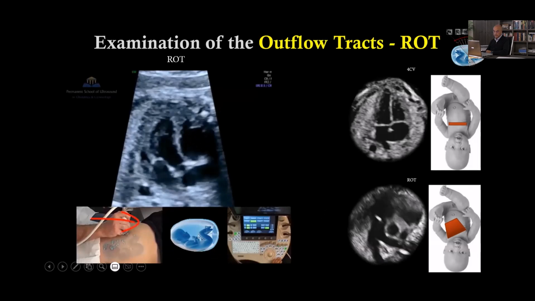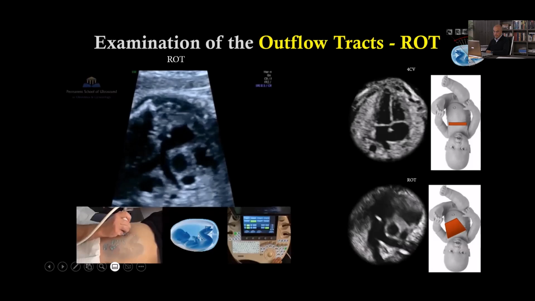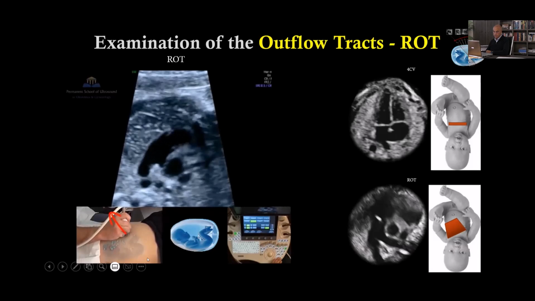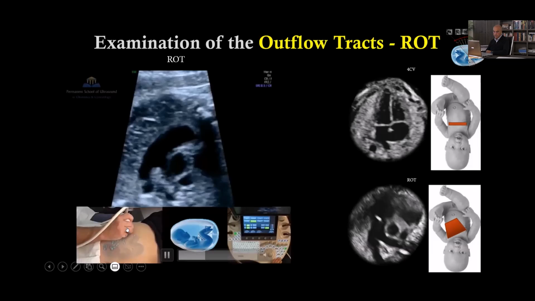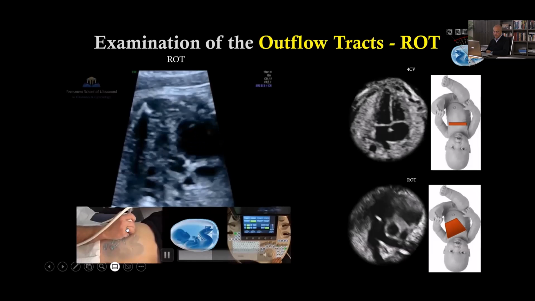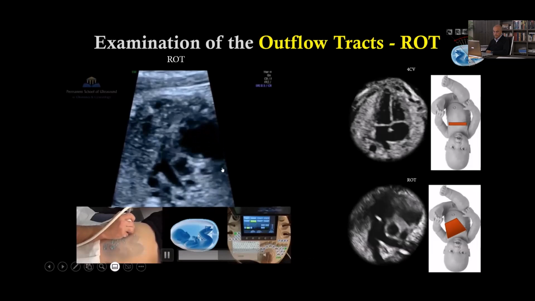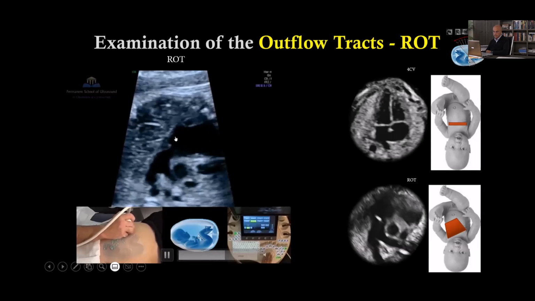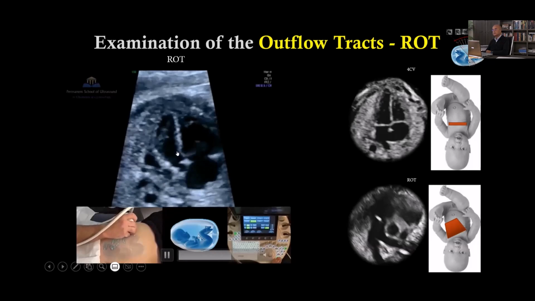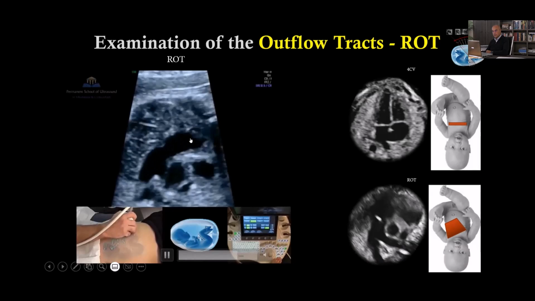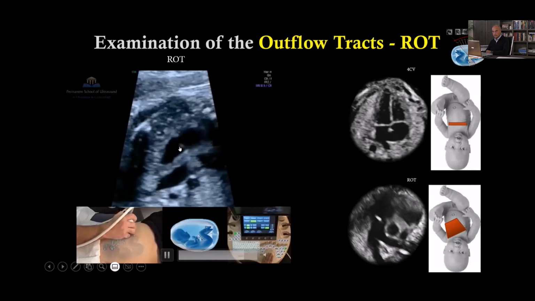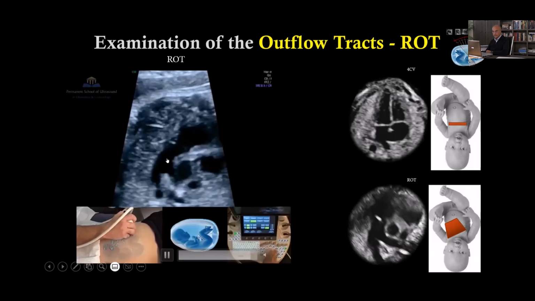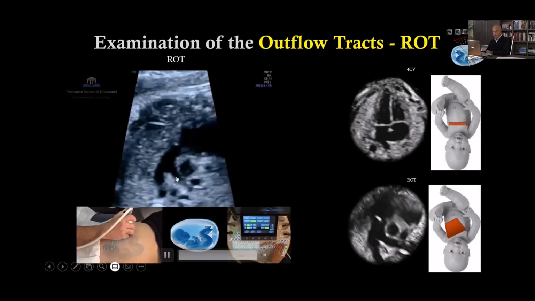You see, tilt the transducer toward the fetal head, and in this case rotate on the other side, to the right shoulder of the fetus. And here you can see very clearly the right outflow tract, the right ventricle, the pulmonary valve, the main pulmonary artery, the right branch of the pulmonary arteries, and the ductus arteriosus here, very close to the descending aorta.